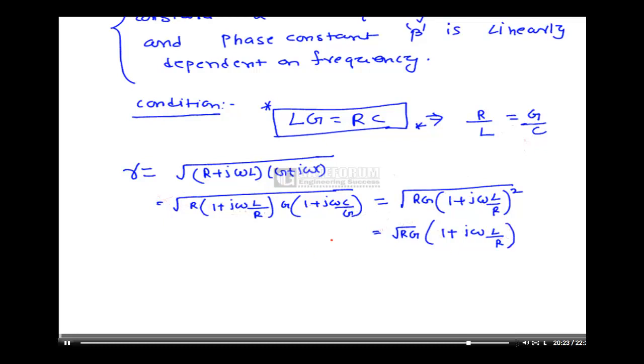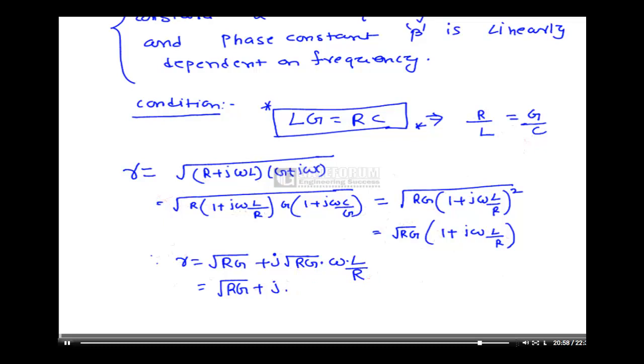Therefore gamma is equal to the square root of RG plus the square root of RG into j omega L by R. Now I can write the square root of R into the square root of R, so one square root of R cancels out.